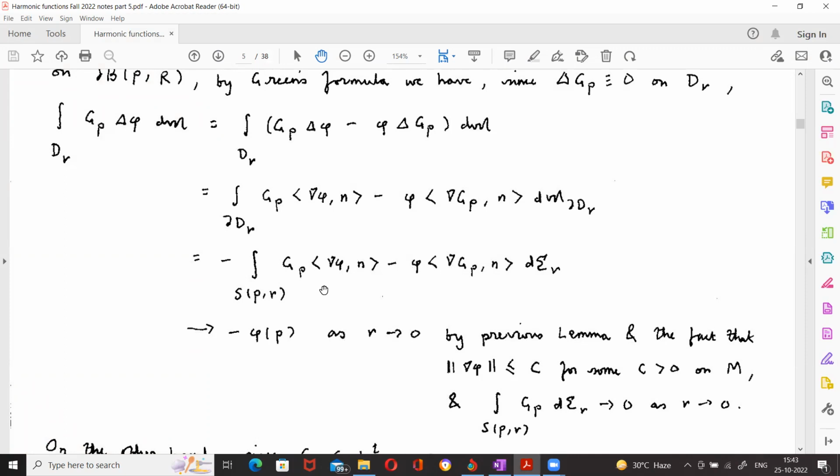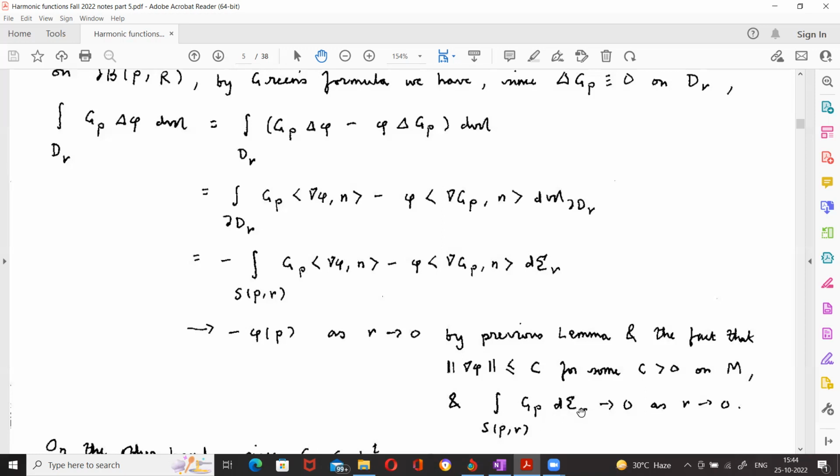Now, what about the first term? Because phi is a smooth function, this grad phi is bounded in a neighborhood of p. So this inner product grad phi n is bounded near p, and the integral of g_p over the sphere of radius r, we already saw, goes to 0 as r tends to 0.